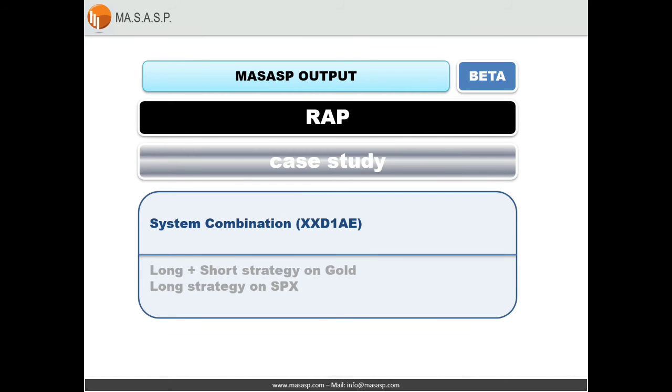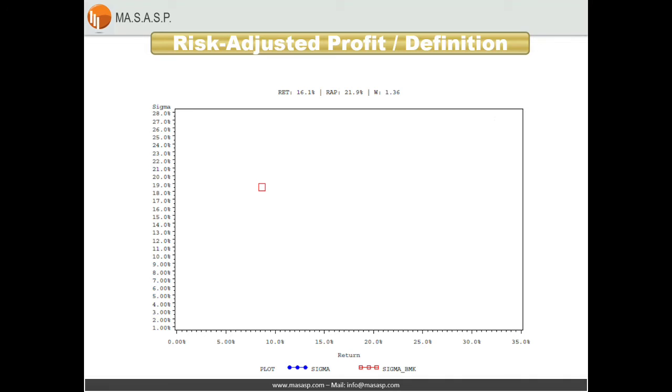Let's see what happens with our four-system combination. Let's plot the system to assess and the benchmark on the same risk-return plane.